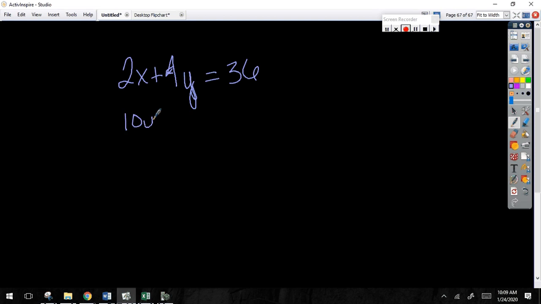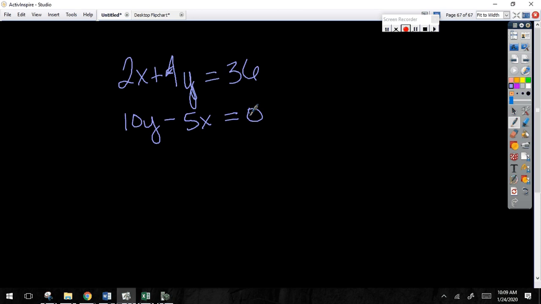All right, somebody give me those two equations that we did for warm-ups. 4y plus 2x equals 36, and what was the second equation? 10y minus 5x equals 0. Okay, so before I put them in the calculator, they have to be solved for y.